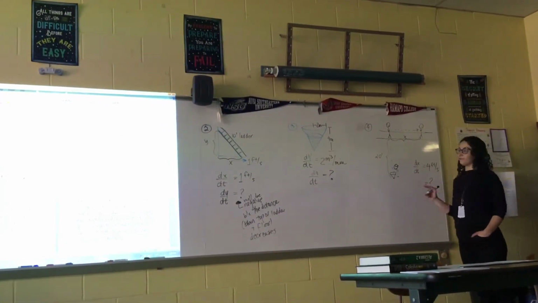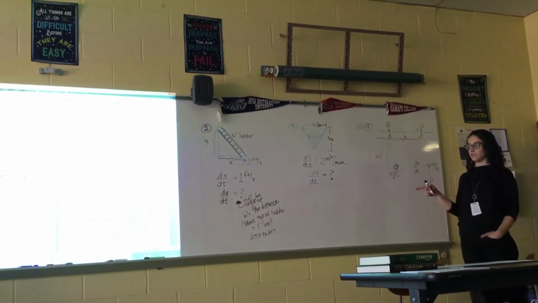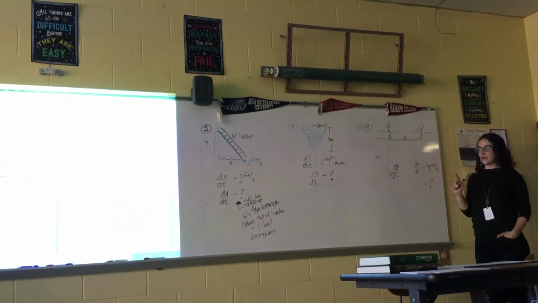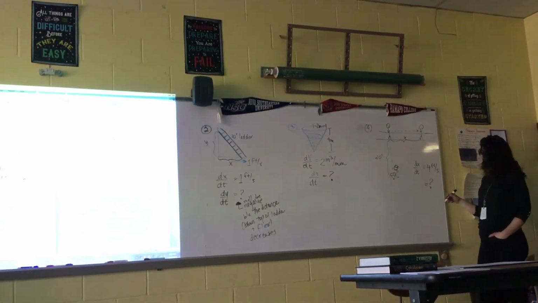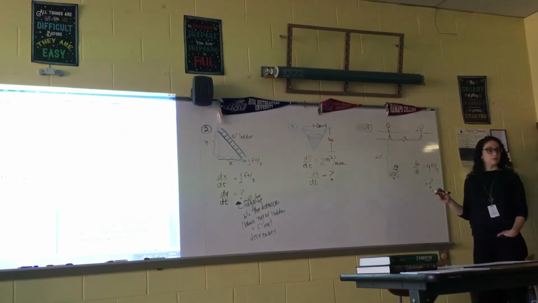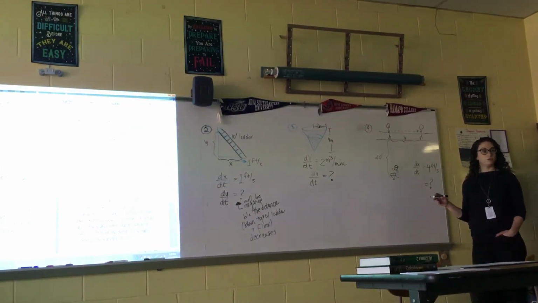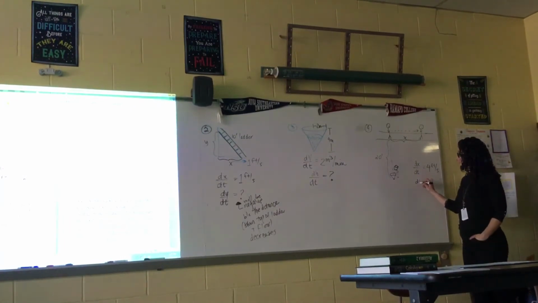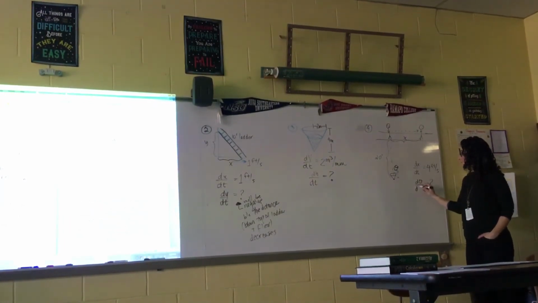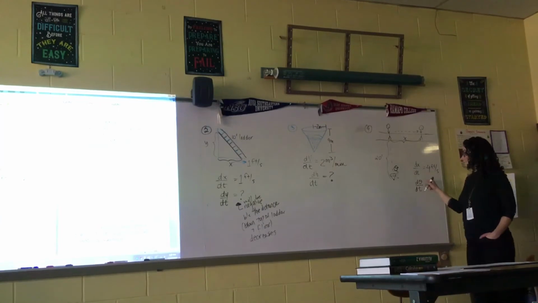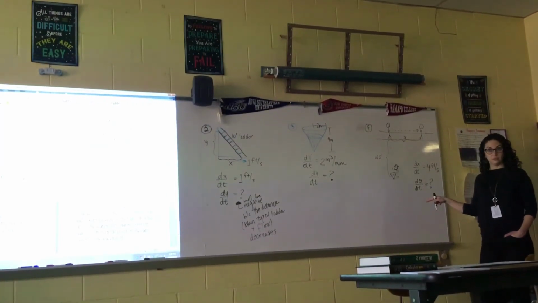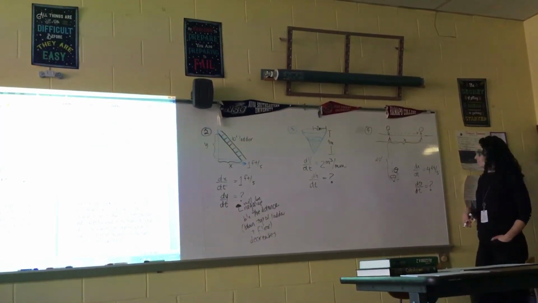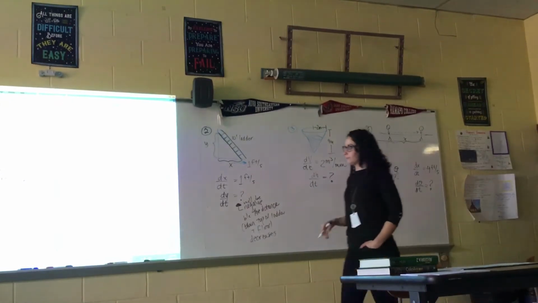And I want to know how fast the searchlight is rotating. So what's my unknown? The rate of change of what? Theta. So d theta dt, the rate of change of the angle with respect to time. That's my unknown.